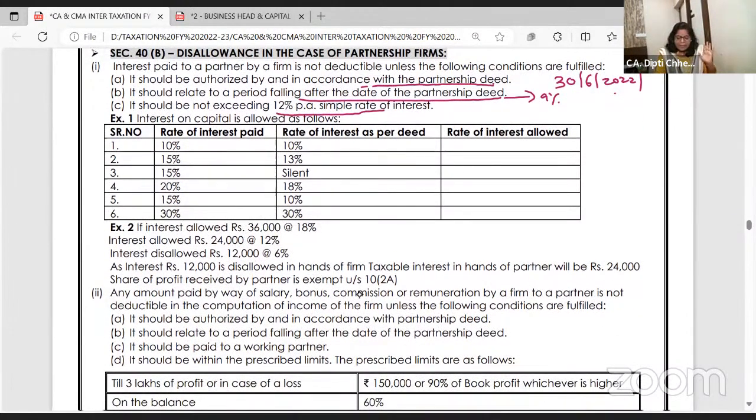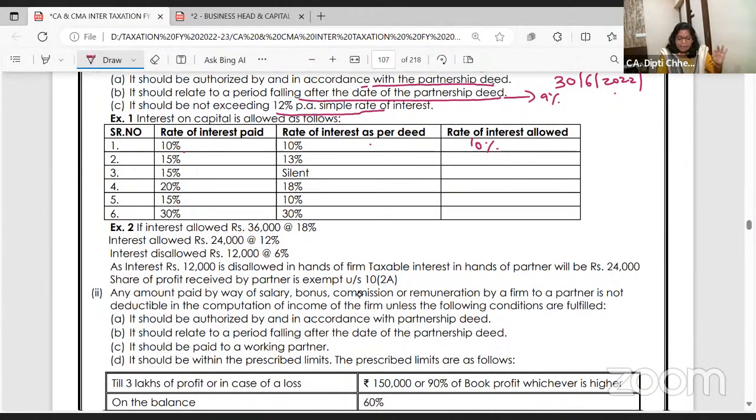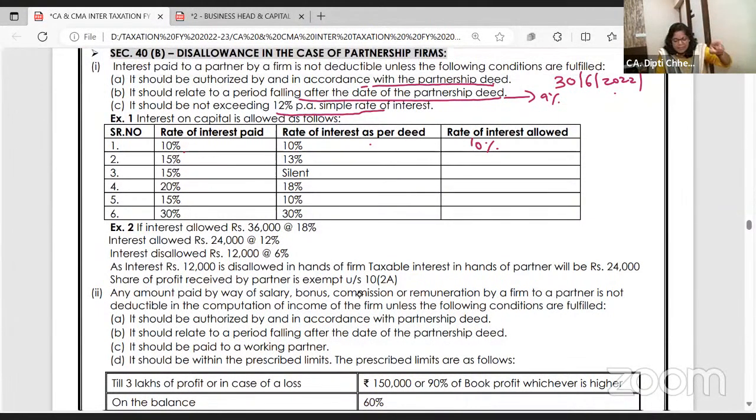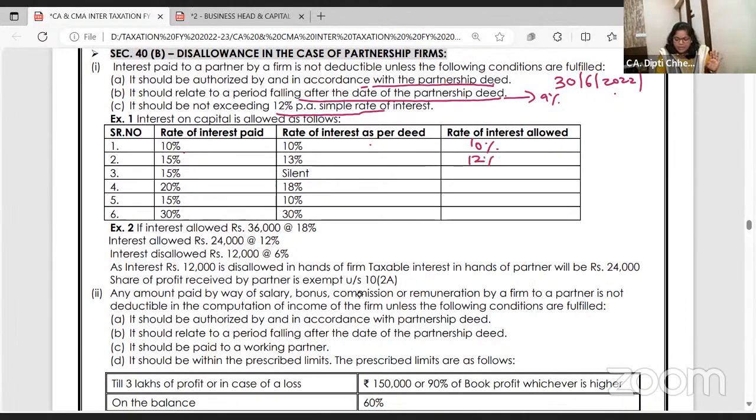Okay, first we will work out interest. Interest is paid 10% and as per deed also 10%. So how much will be allowed? 10%. Interest is actually paid 15%, but in the deed it is 13%. You actually paid 15, in the deed 13. Now how much will be allowed? 12.